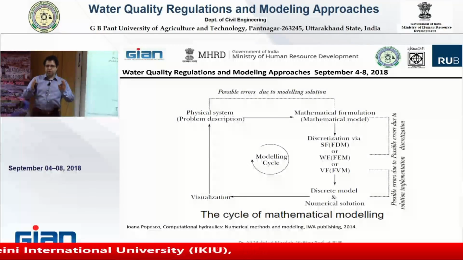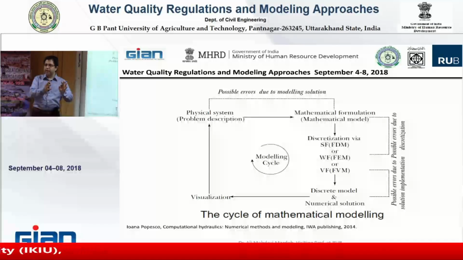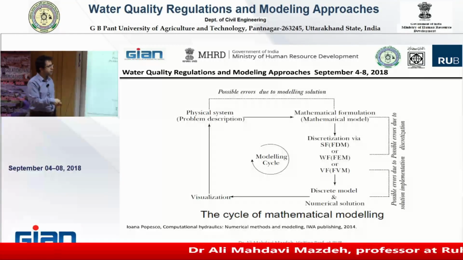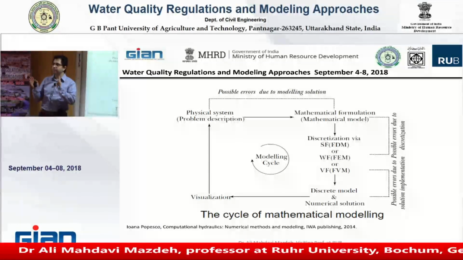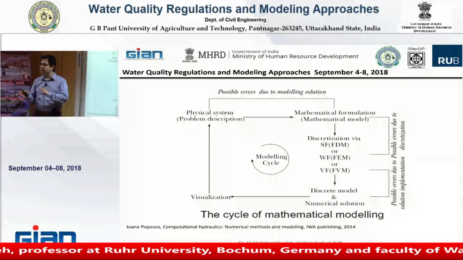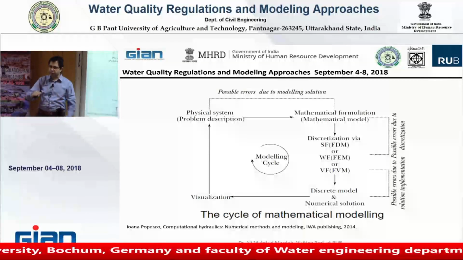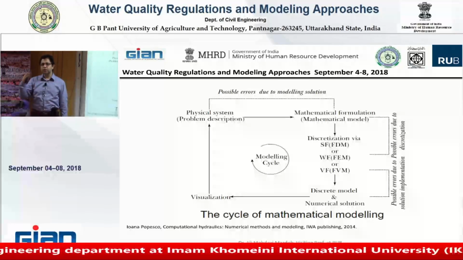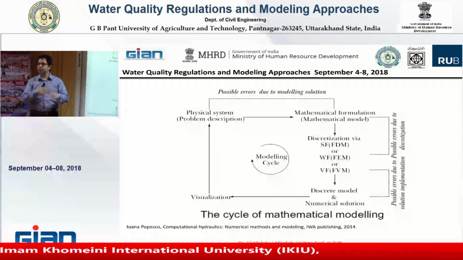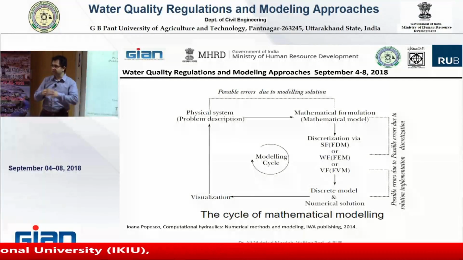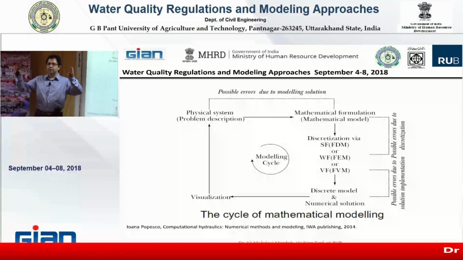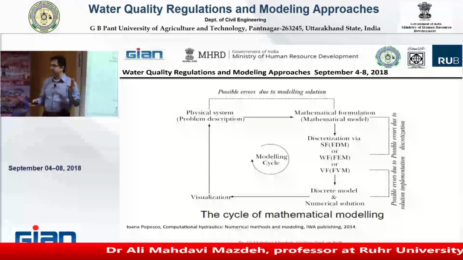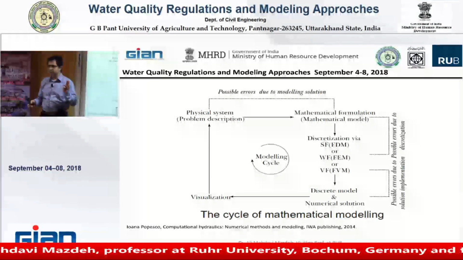After you discretize, there is some error at the start, and then you are going to solve. When you discretize, your differential equations become algebraic formulas, and then you are going to solve them. And usually you need to solve them again by trial and error, because you have 10,000 equations with 10,000 unknown parameters.